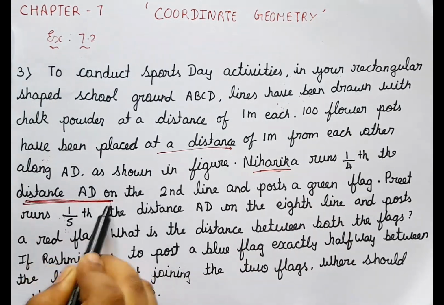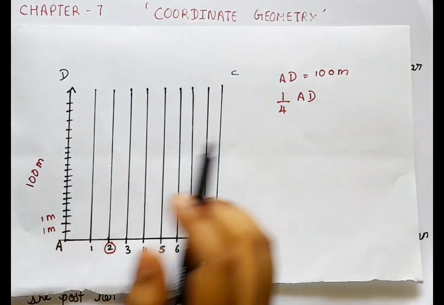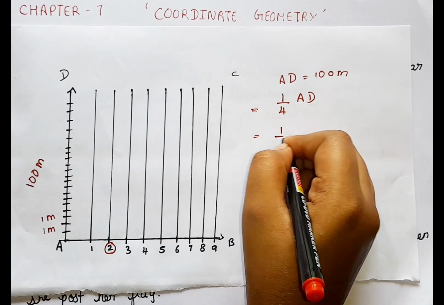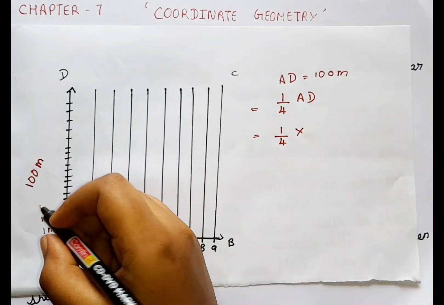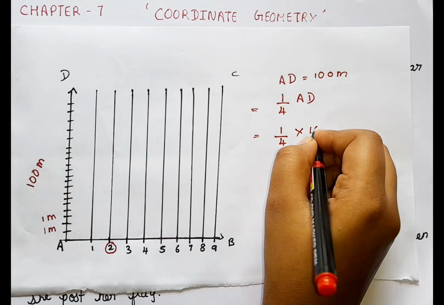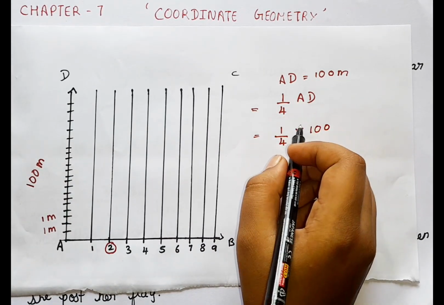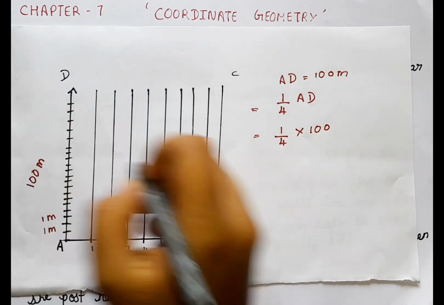So I just wrote 1/4 of AD. Guys, AD is 100 meters, isn't it? Why is it multiplied by 1/4? Because of means multiply. That is what we are supposed to understand: 1/4 of AD. So now we can cancel it.